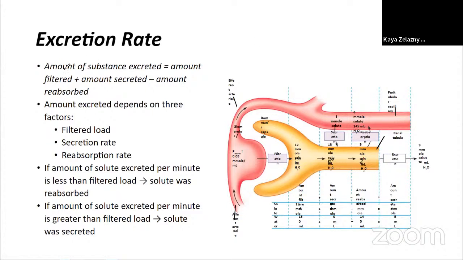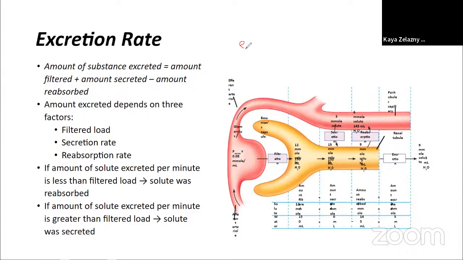So excretion rate is basically the amount of the substance excreted, so the amount coming out in the urine, right, is going to be equal to the amount that you filtered. So how much came out with the plasma as you moved the contents of the plasma, the fluid, and the solutes into the nephron, plus the amount you secreted. So that's anything that came from the plasma and went back into the filtrate, minus the amount reabsorbed.